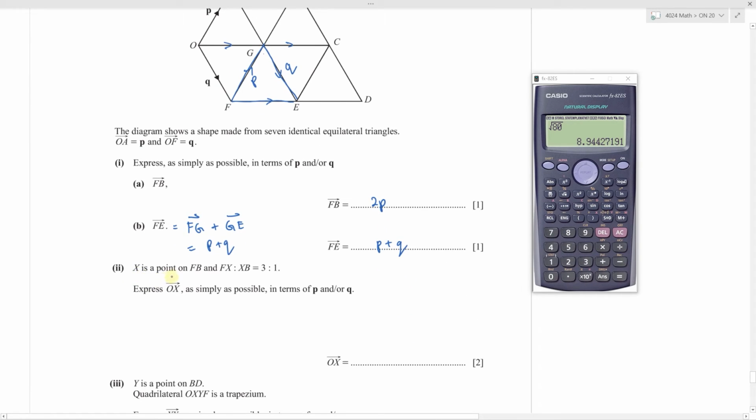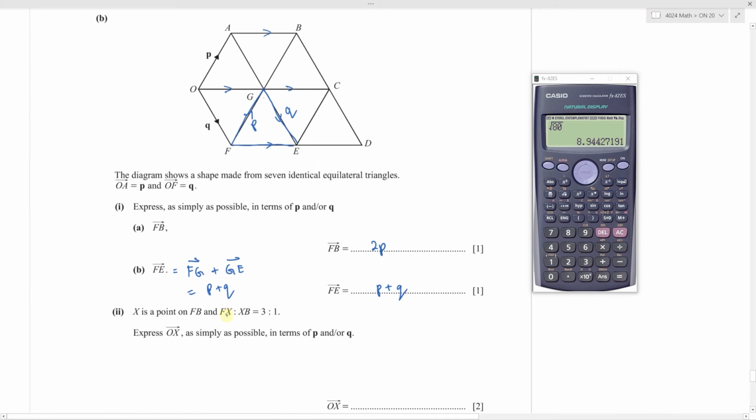Part C: X is a point on FB such that FX to XB is 3:1. So X is a point on FB, which means X lies on this line somewhere such that FX to XB is 3:1. So FX is longer because it is 3 parts, and XB is smaller because it is only 1 part.